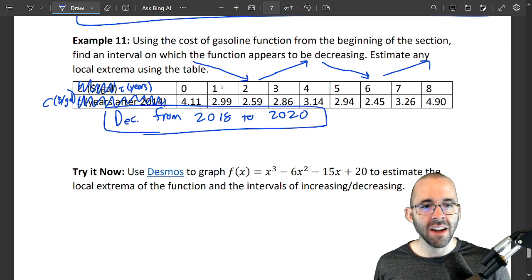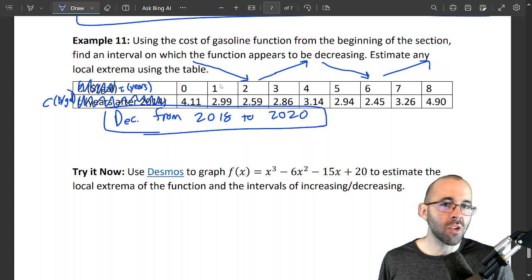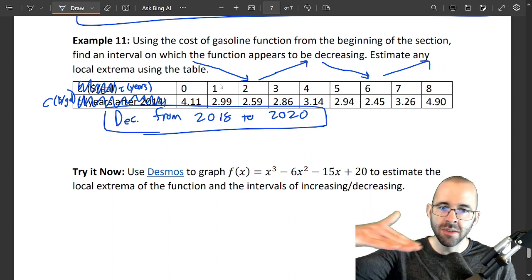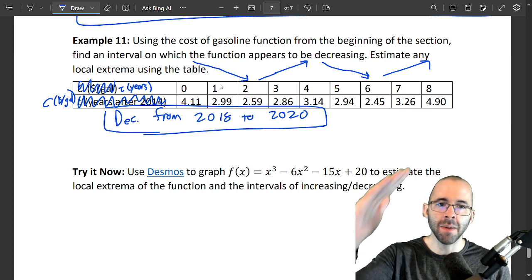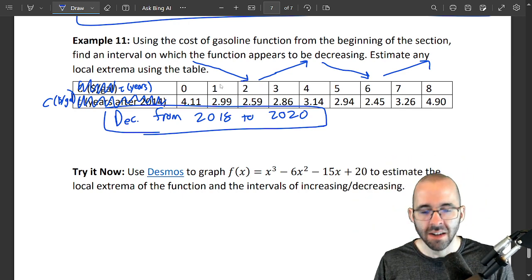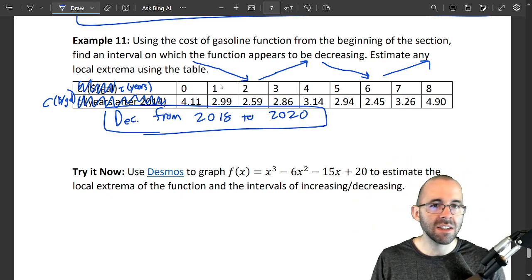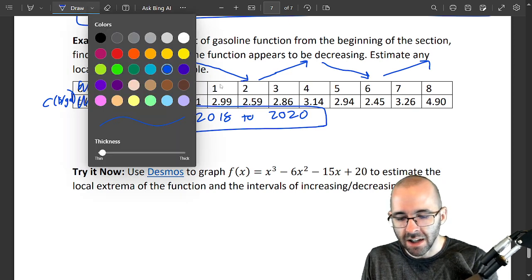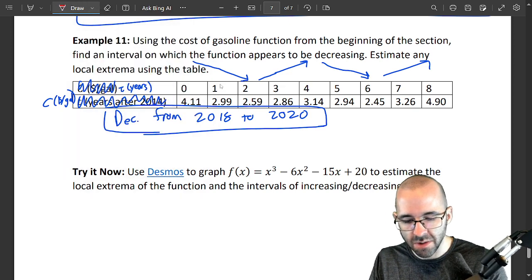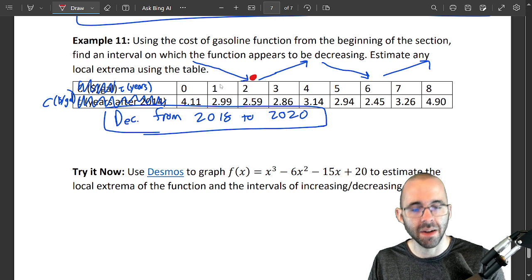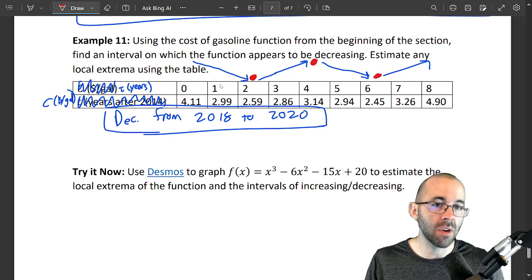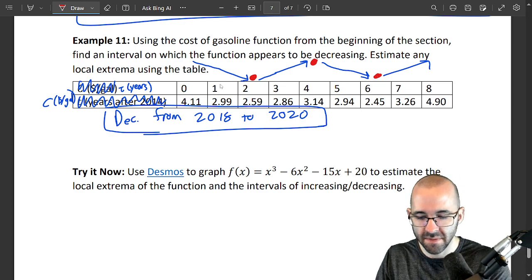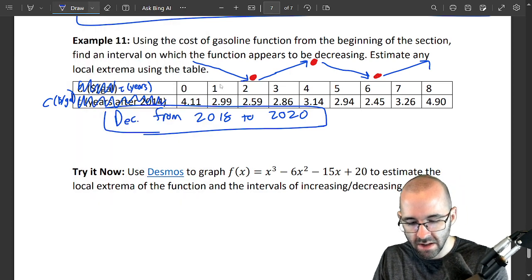So remember what we said for local extrema. A local minimum is when it's going down and then it starts going up. Local maximum, going up and then it starts going down. So if you draw a picture like this of increasing and decreasing, then it's a lot clearer where those transition points are. This is going to be our local minimum. This is going to be our local maximum. This is going to be another local minimum. All right.